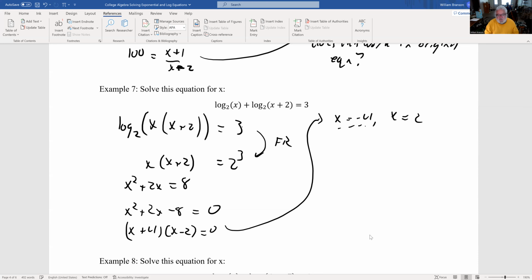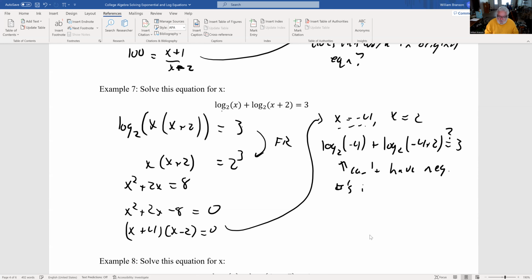This is a little bit suspicious, though, because does that fit in the original equation? Is that true? And you can't have negative numbers inside a log because the domain of logarithm is only positive numbers.